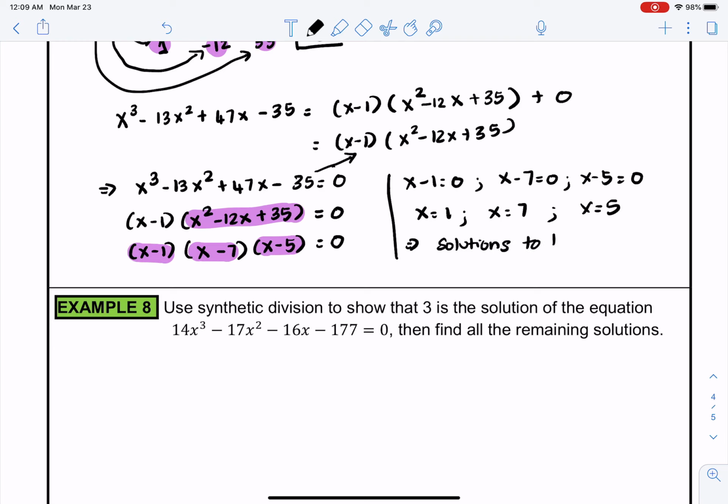So the solutions to the equation are the zeros of the polynomial.